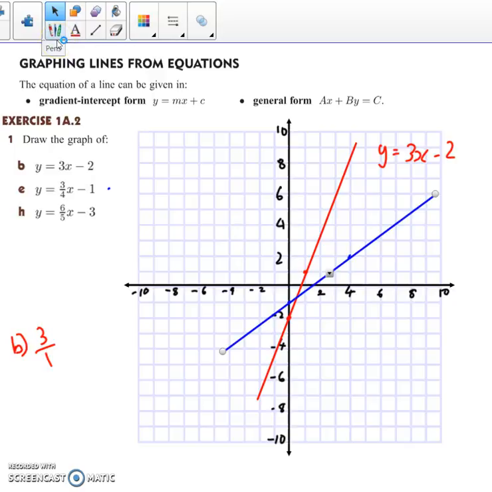And then finally, we'll do the last one. We'll do that one in purple. So we've got y equals 6 over 5x take 3. So negative 3 will be where we start with our y-intercept. Obviously 6 is our y step, so we go up from negative 3 to 3 and out 5 on our x step, so to there. So you've plotted your 2 points, get another line.